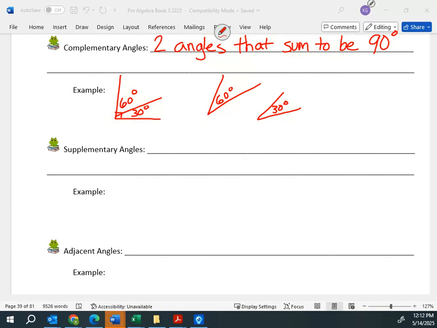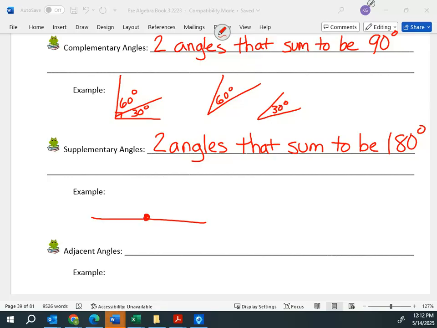So then we have supplementary angles. Any guess on what that is? Luke? Is it two angles that add up to 180 degrees? Two angles that sum to be 180 degrees. Remember, that straight line is our 180 degrees.